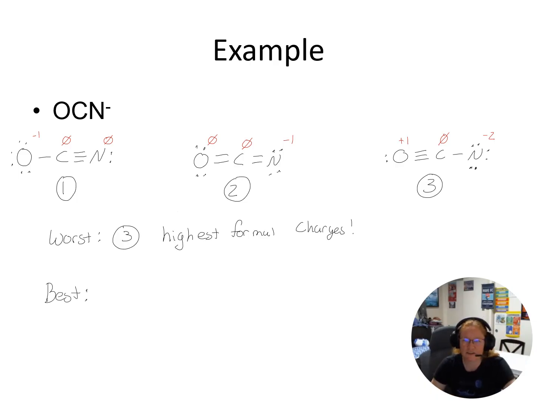All right, so which one's the best? Well, when we look at structures 1 and 2, they both have 2 zeros and a -1. So this is where it comes down to the electronegativity. So which one's the best? Well, structure 1 is. Okay?